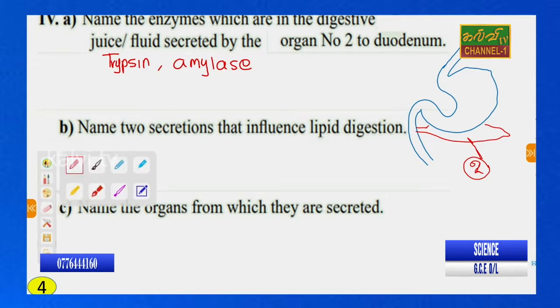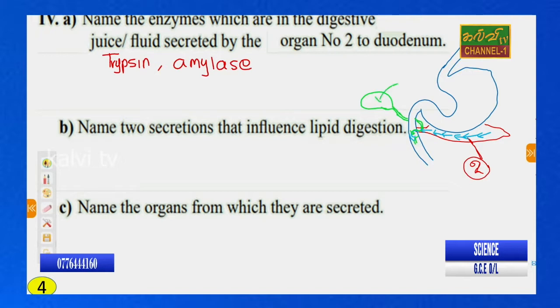For example, the pancreatic juice in the diagram. See that I have marked the arrow. Pancreatic juice is secreted here. And the bile duct is close to the liver. The bile duct secretes bile, right, to the duodenum.